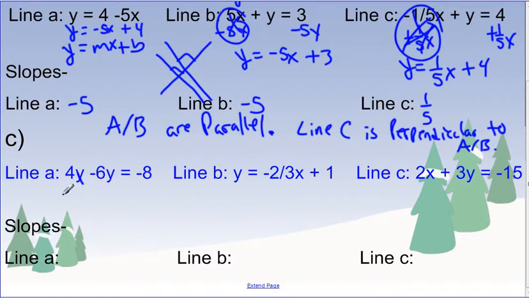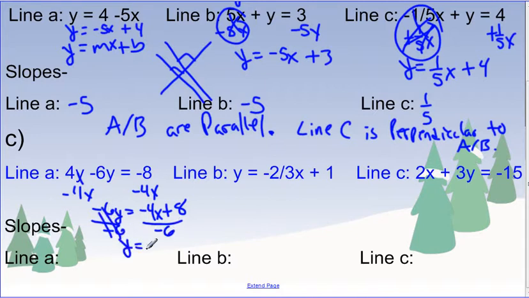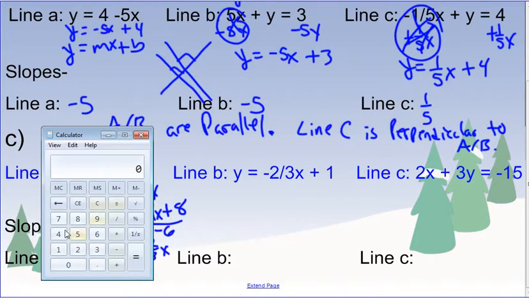So we're going to subtract 4x on both sides, giving us -6y equals -4x plus 8. Get the y by itself, so divide by -6. These cancel. We get y equals 2/3 x. Again, if this does not divide evenly, which it doesn't, because if you take 4 divided by 6, you get a decimal.